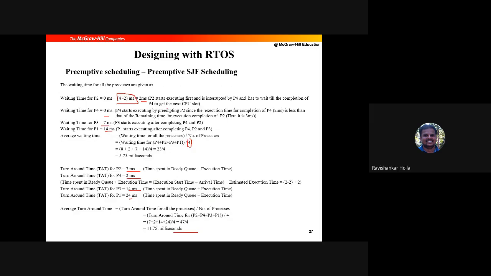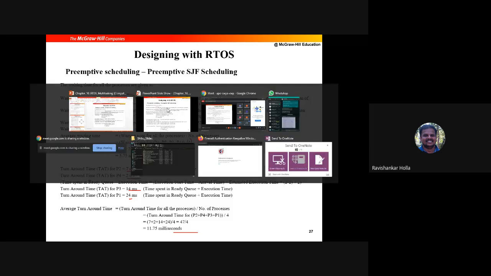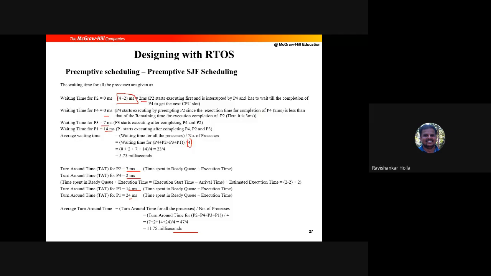So it is preemptive SJF scheduling. Okay. So before the next scheduling, any doubts, you can ask me. If you have any doubts or clarifications needed for this?